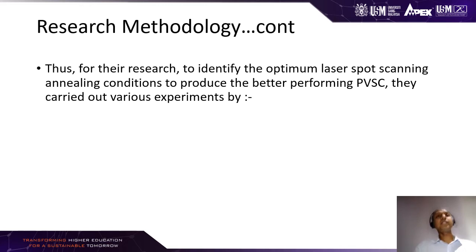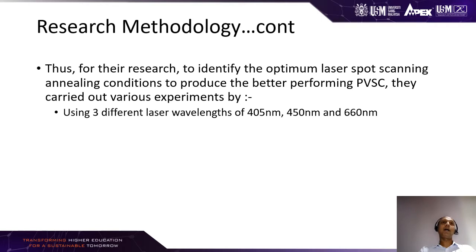Thus, for their research to identify the optimum laser spot scanning annealing conditions to produce the better performing PVSC, they carried out various experiments by using 3 different laser wavelengths of 405 nanometers, 450 nanometers, and 660 nanometers.